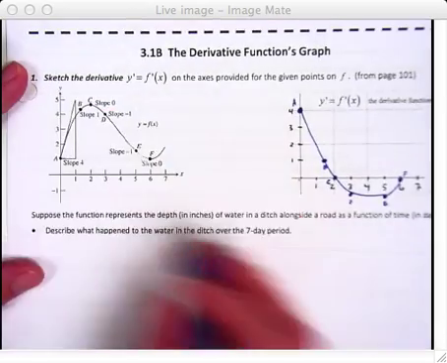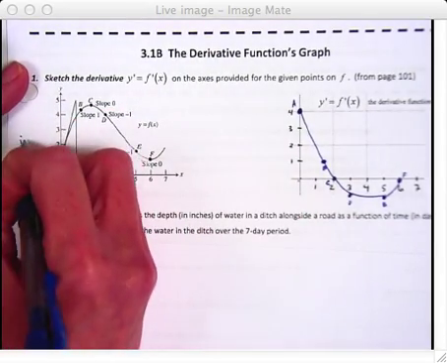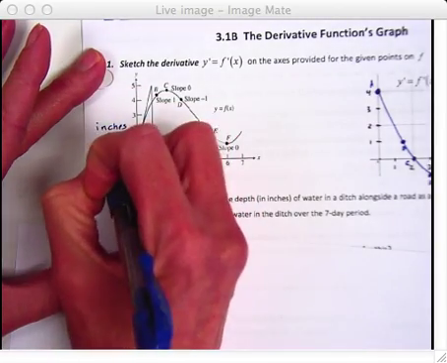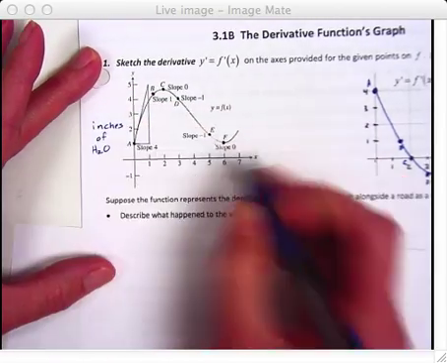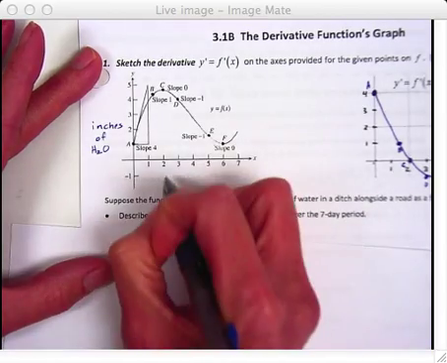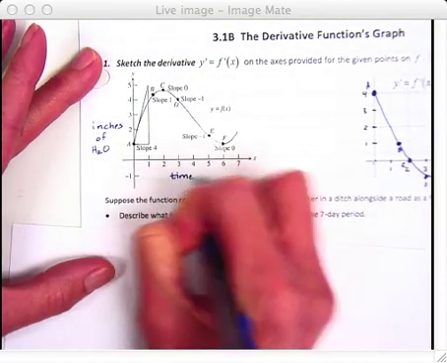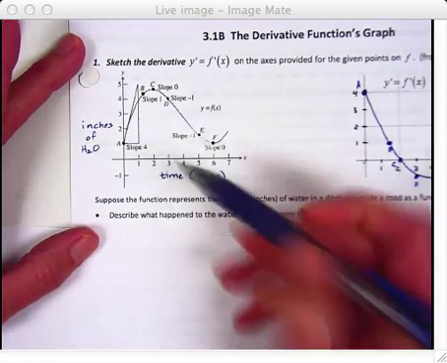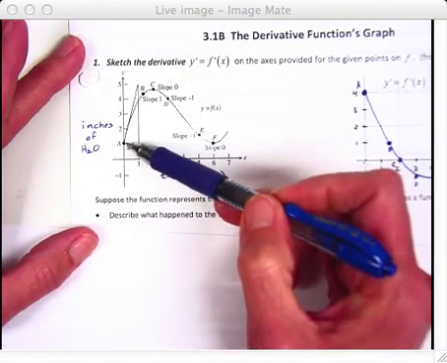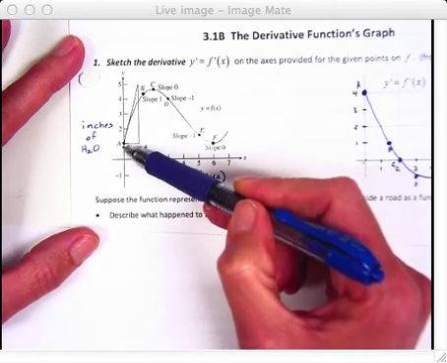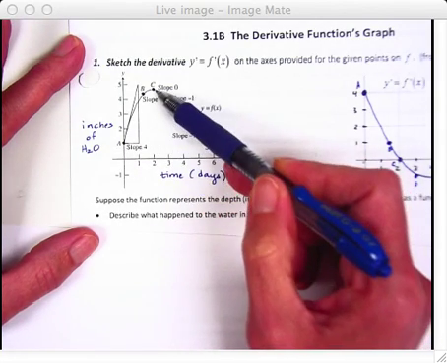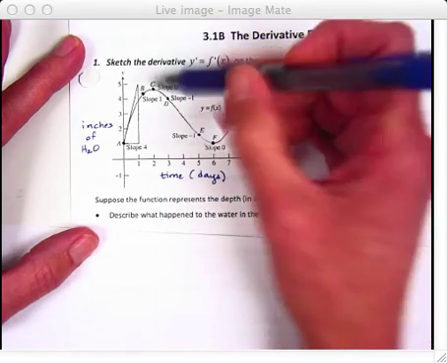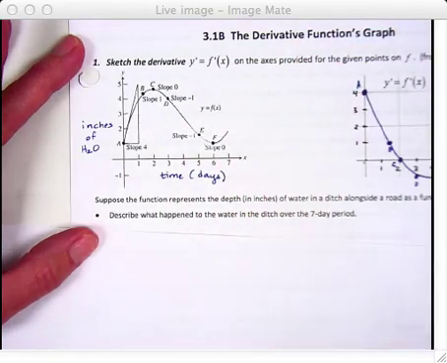This is the depth of water, in inches, and here we have time in days. So it looks like this is about 1 inch of water, and then over 2 days it goes up to about 4.5 inches of water, and then the water starts to decline in the ditch.